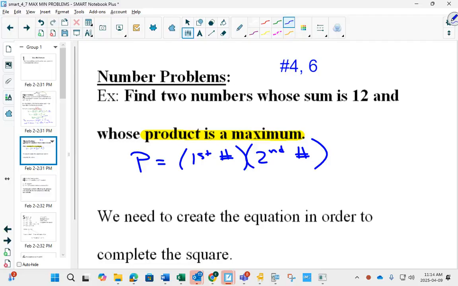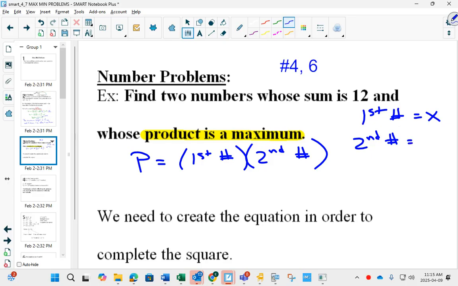Now, we have to set this up so we can use algebra to solve it. So what could be our first number? I'm going to say it's x. I don't know what it is, but it's going to be x. Now, if you can do it with regular numbers, you should be able to come up with your second number in terms of x.